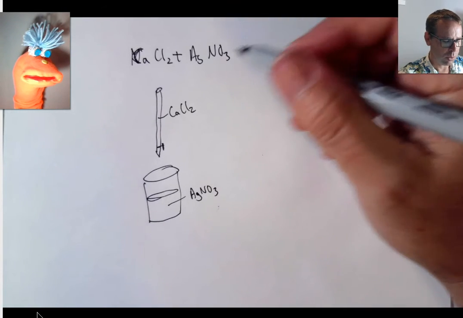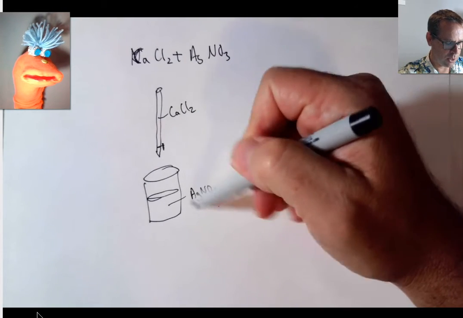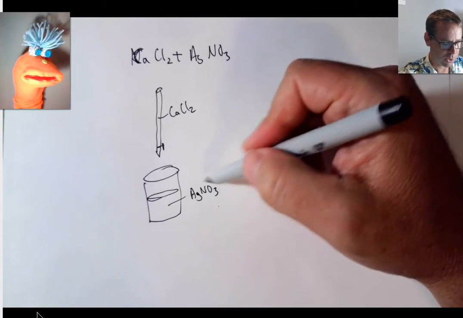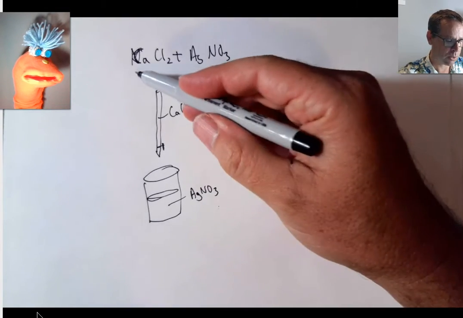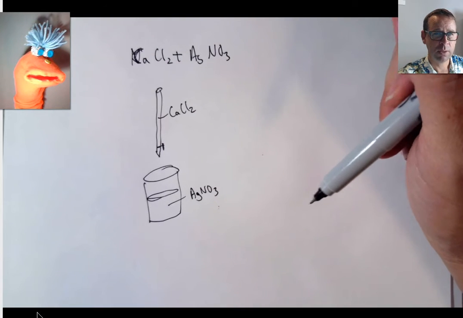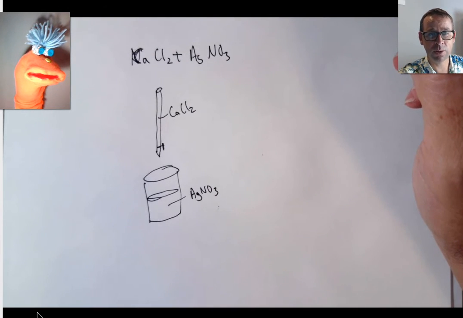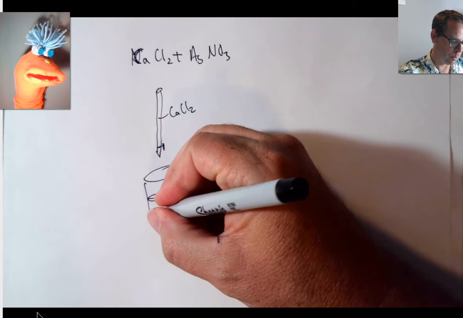Okay, so the activity, if I had a solution, same concentration of silver nitrate and a second solution of calcium chloride, their conductivity would be different. And you can measure the conductivity with a conductivity probe, right?